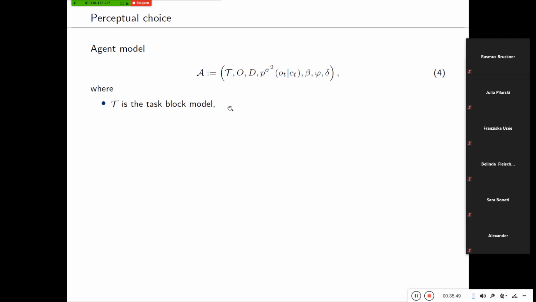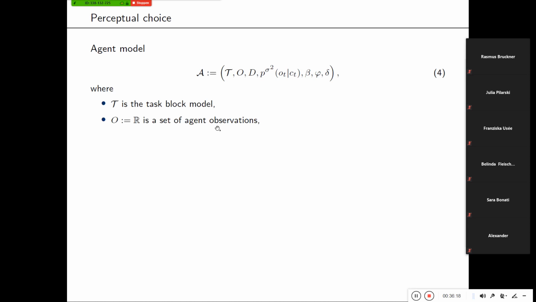We have also done that differently in the past by basically giving the agent this contrast difference as one of its properties, and then copying the contrast from the task into the agent. It's very subtle, but it explains why I here have the task model in the agent.